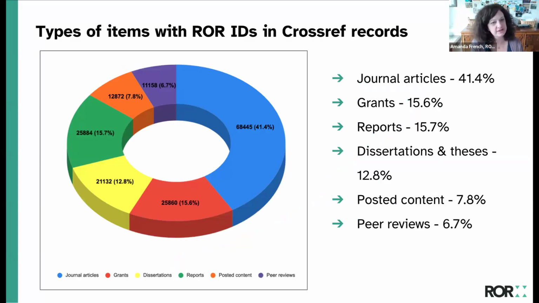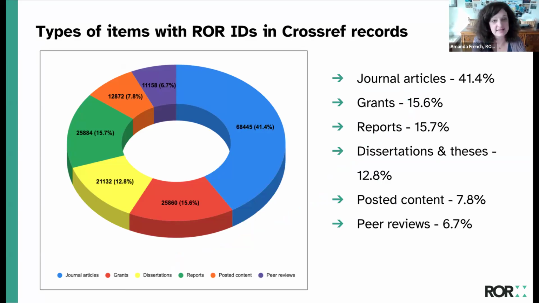I've mentioned this too. Originally, we're talking about 2022 or so, a few years ago, most of the ROR IDs in Crossref metadata were actually affiliated with grants, partly because Wellcome was registering grants with Crossref, and EMBL was making sure that those got through into Crossref metadata.